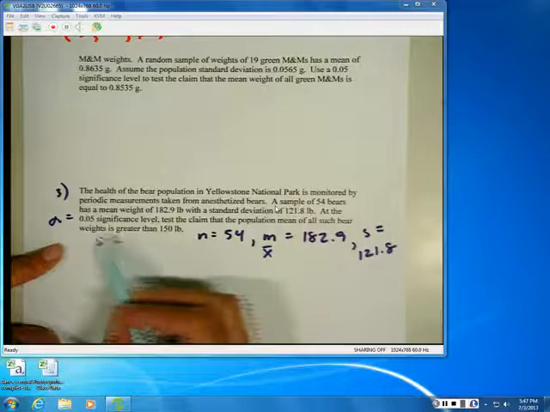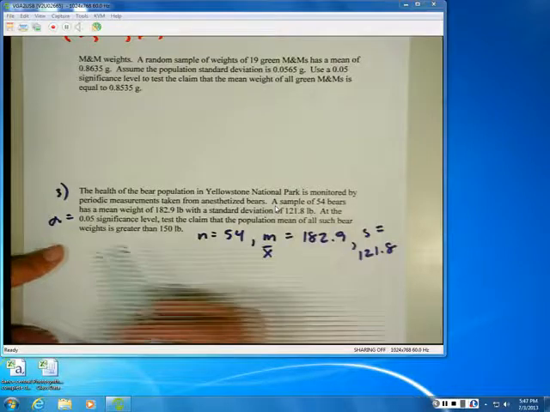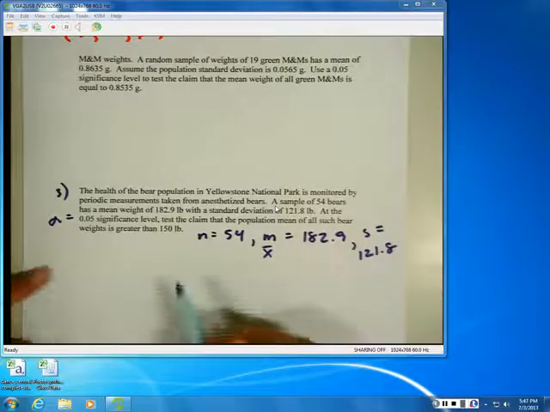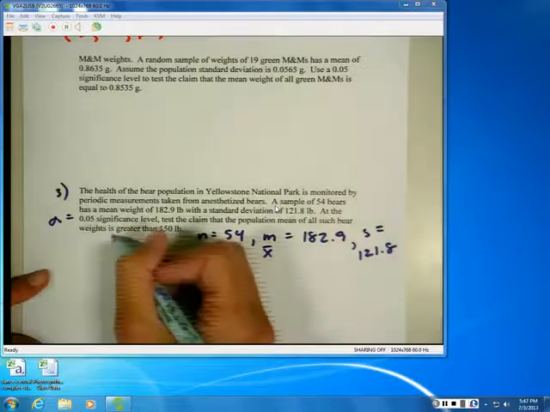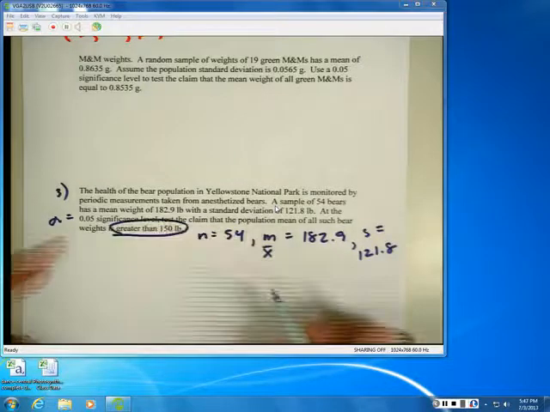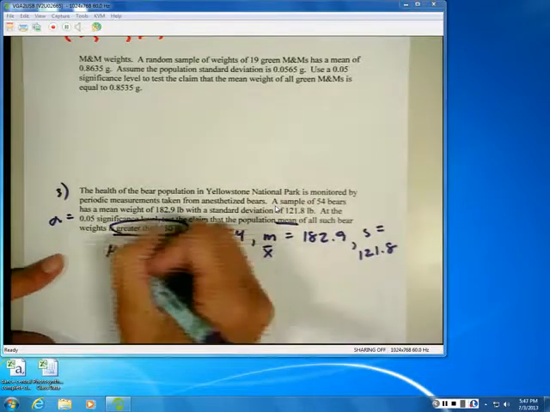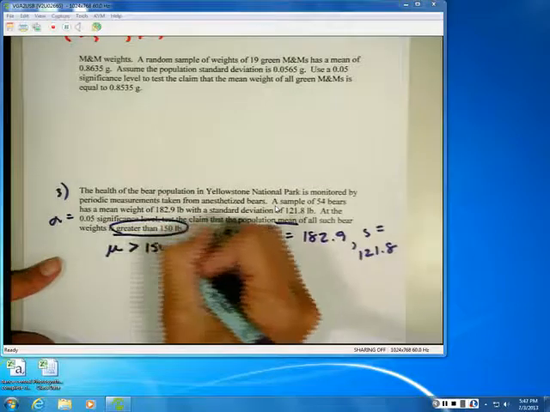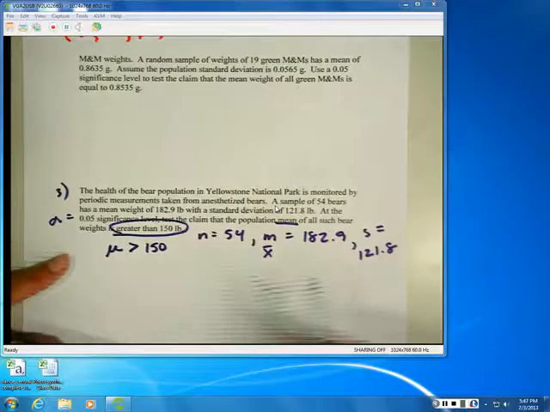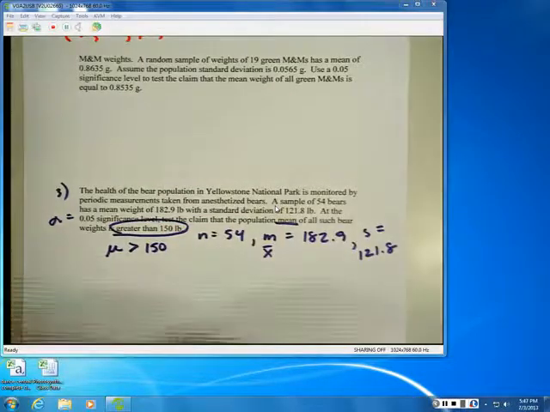test the claim that the population mean of all such bear weights is greater than 150 pounds. The mean is greater than 150. Well, we have to use equals in the null hypothesis.